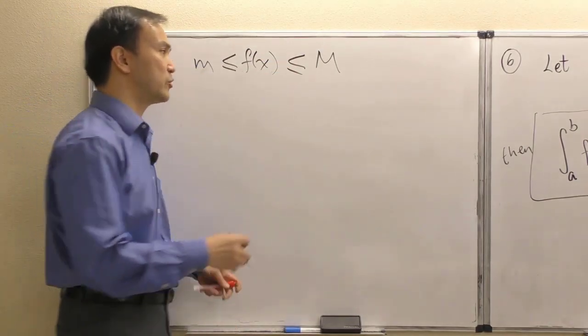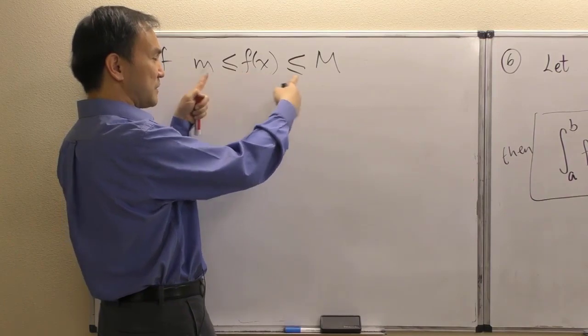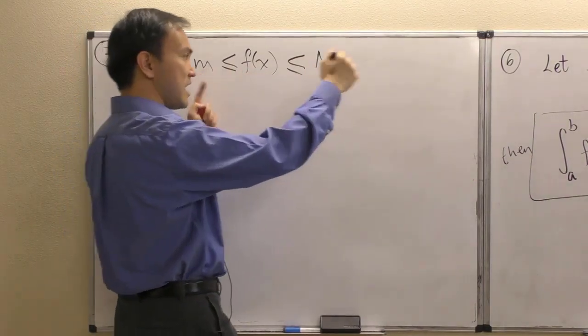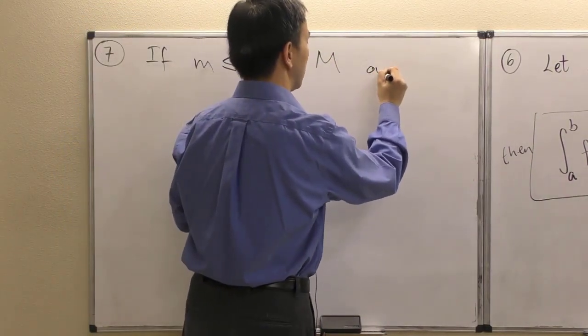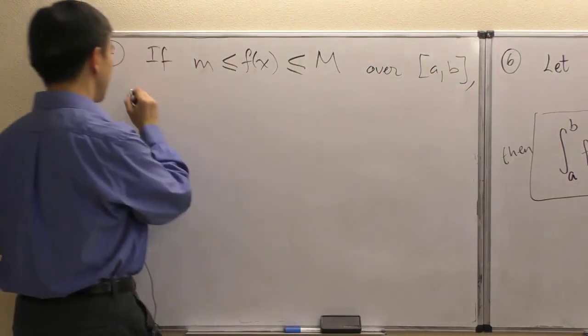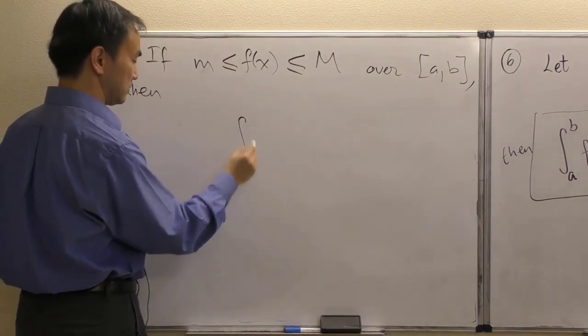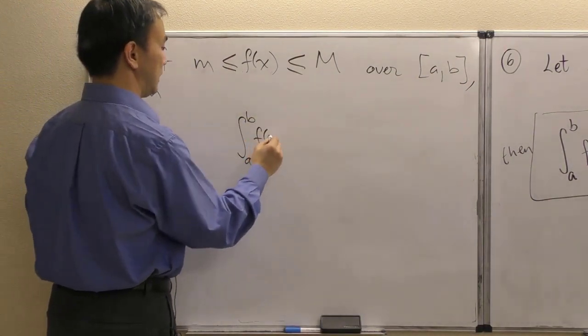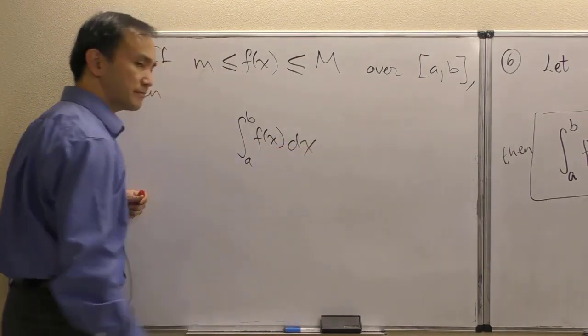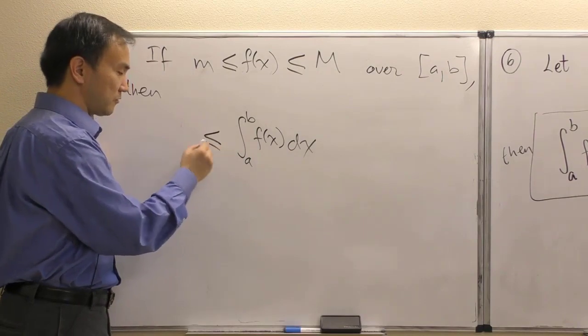So anytime we recognize our function is trapped between lowercase m and capital M over an interval from a to b, then we will know the following property. Then the definite integral of the function f of x dx will be estimated.